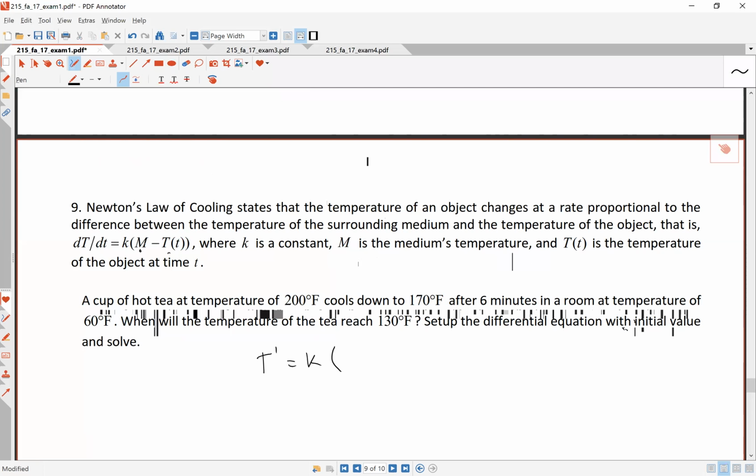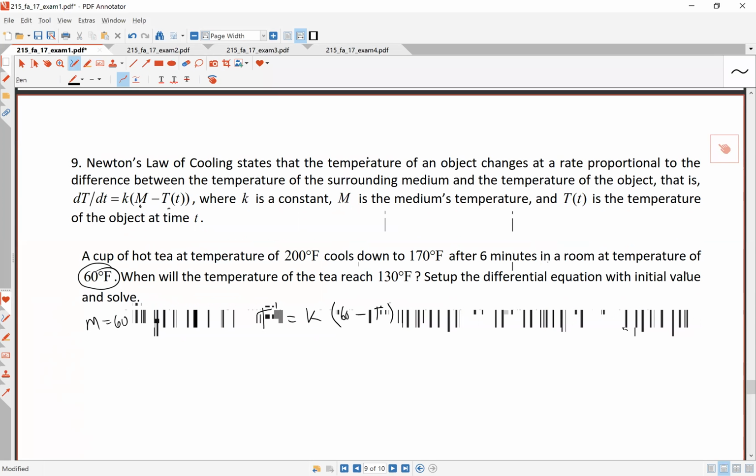And so the surrounding medium is 60 degrees Fahrenheit because that's the room temperature. So T prime equals k times (60 minus T). Okay, so that's a linear equation with constant coefficients.